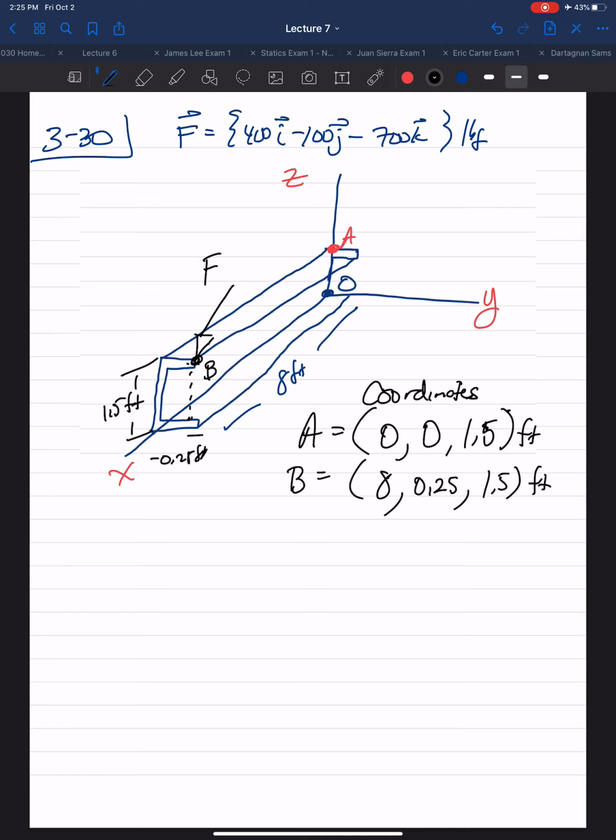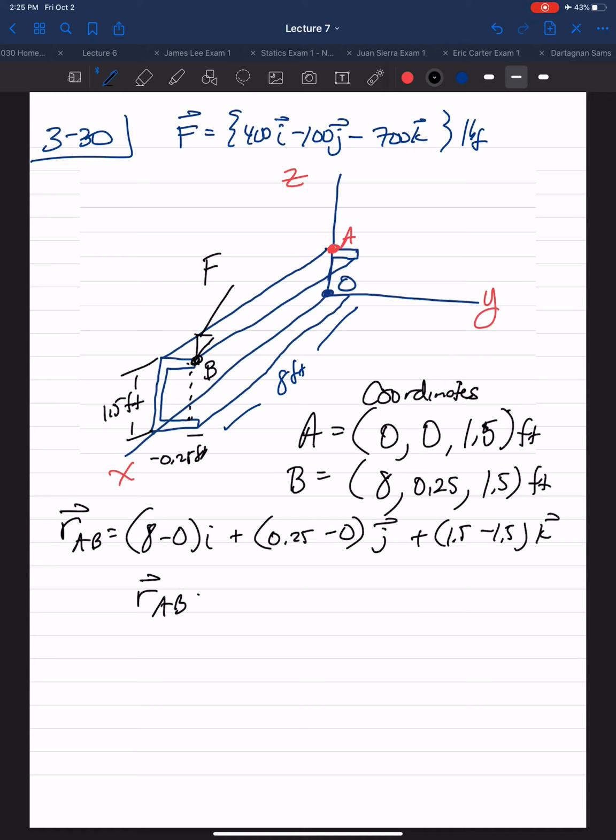So remember, our position vector r_AB is the difference between the coordinates of point B and the coordinates of point A. This will be 8 minus 0 i plus 0.25 minus 0 j plus 1.5 minus 1.5 k. So that's 8i plus 0.25j.